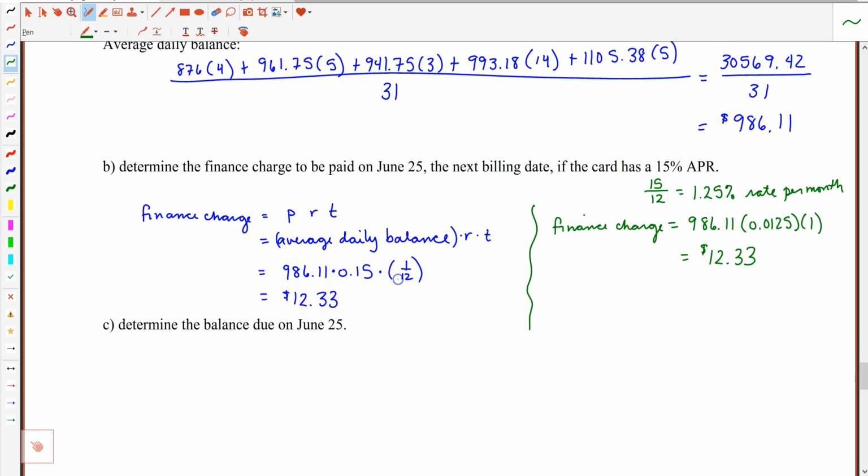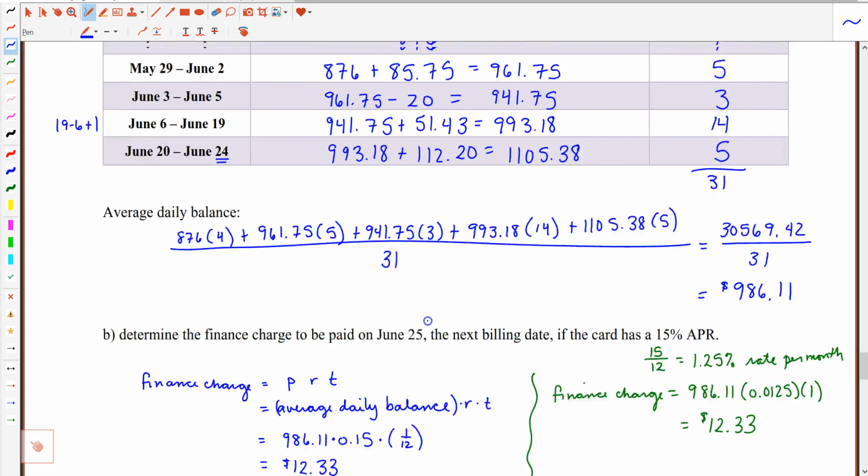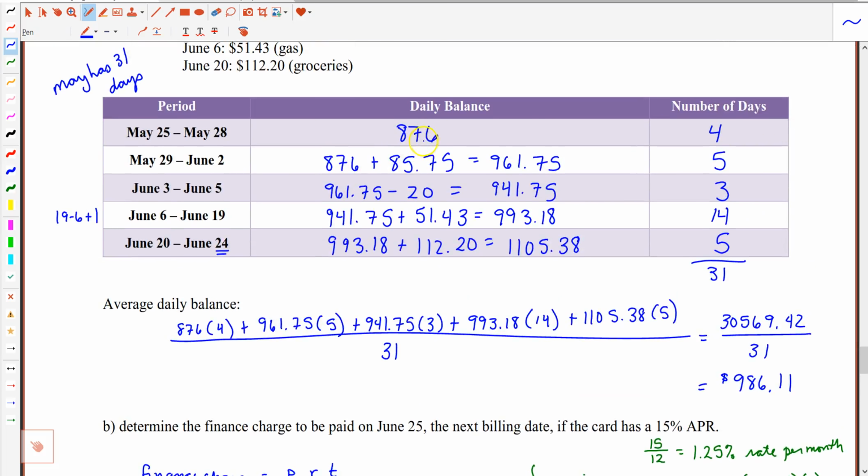Okay, so then moving on to the last part, let's determine the balance that would be due on June 25th. At this point in this table, we've already taken care of all of the purchases and credits. We started here, we added other purchases, we subtracted the payments. So if there were no finance charges on this card and we wanted to pay off the card, we would have paid $1,105.38.